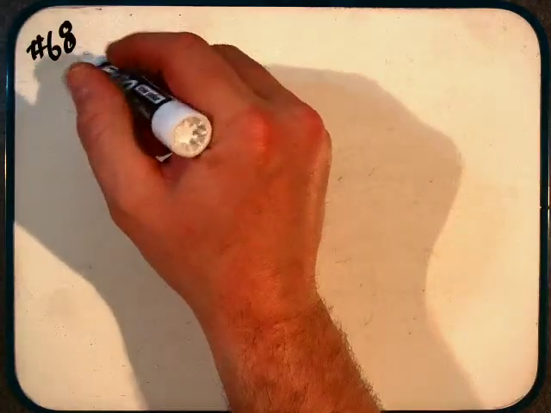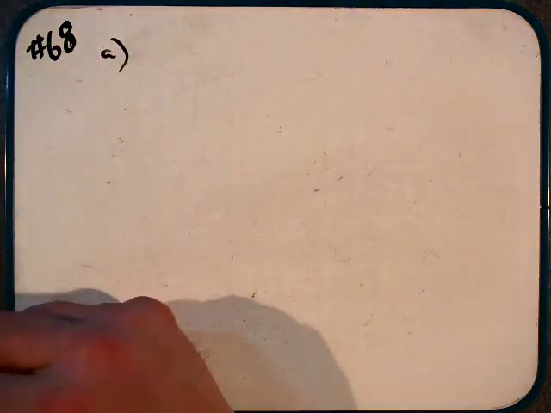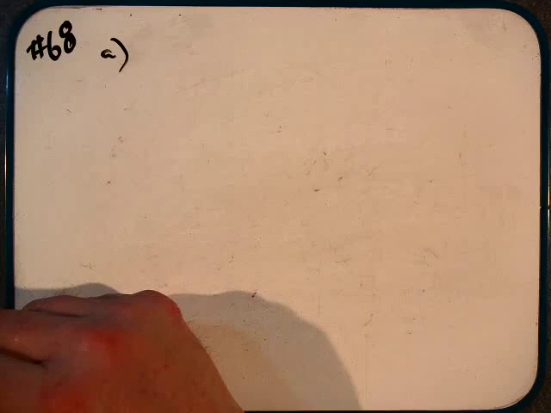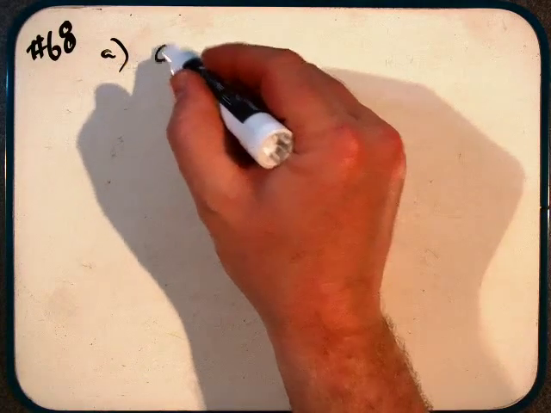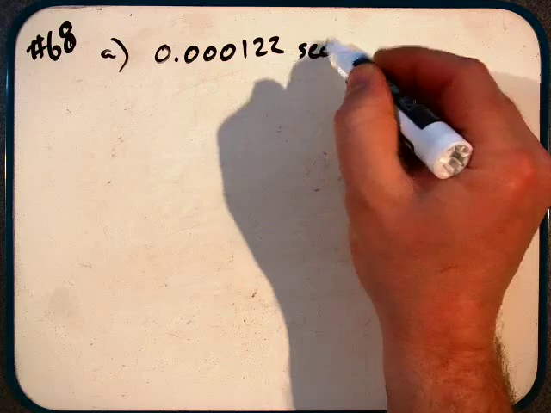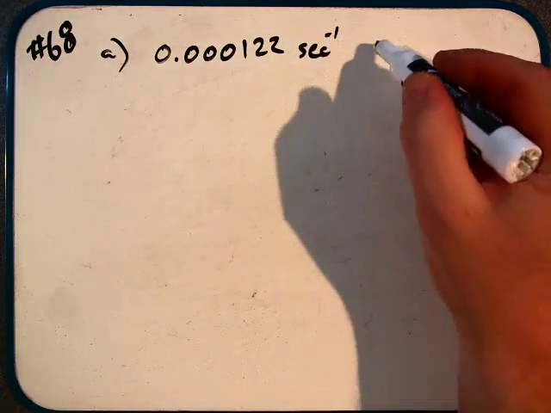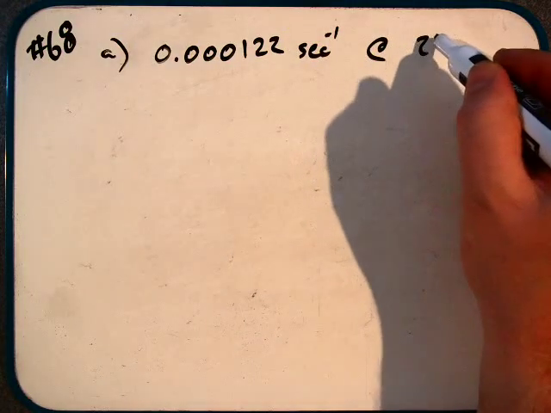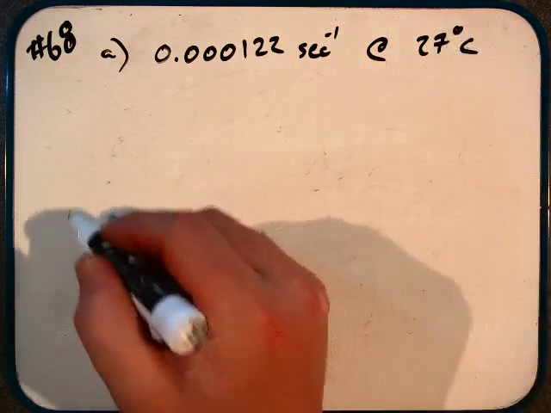This is number 68 in chapter 13, and it has two parts. In part A, it gives us two different rate constants that go along with two different temperatures. We have a rate constant of 0.000122 reciprocal seconds, and this was at 27 degrees Celsius.